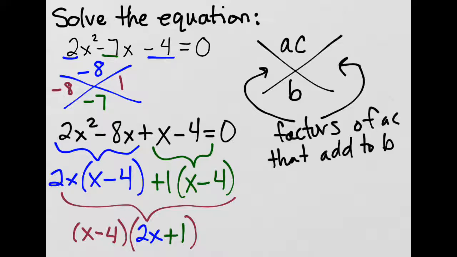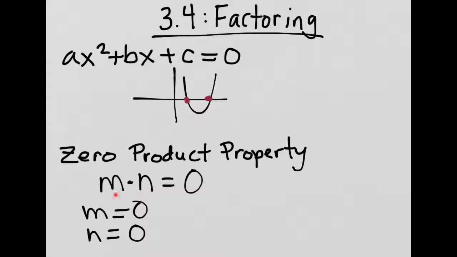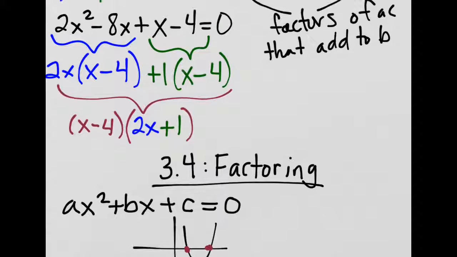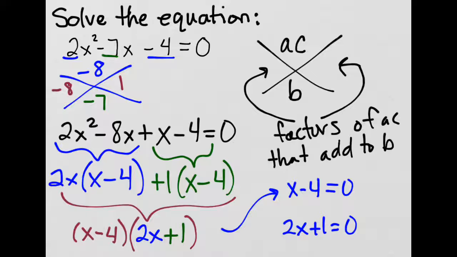Now that helps us because instead of having a sum of 3 terms equal to 0, we have a product of 2 terms equal to 0. We can use the zero product property, which says you can set each one of those terms equal to 0 to solve for the variable. So we're going to set x minus 4 equal to 0 and solve, and 2x plus 1 equal to 0 and solve.